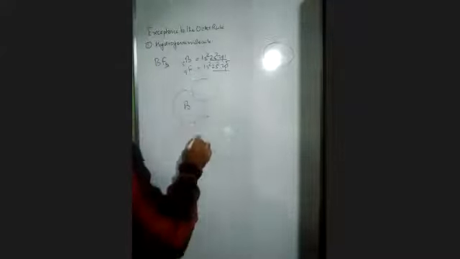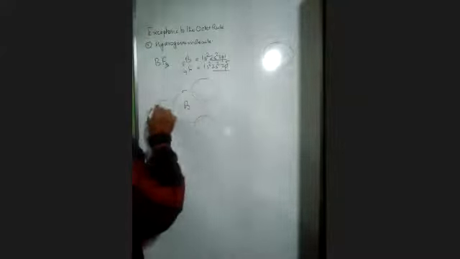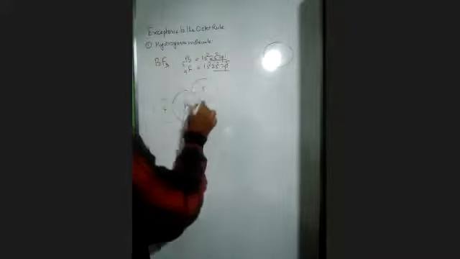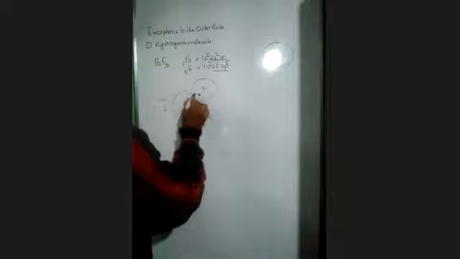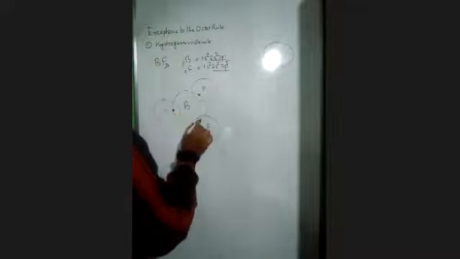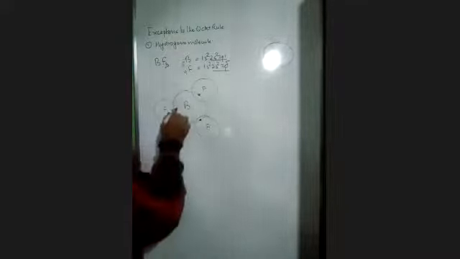Boron has 3 electrons, so it is given to each of the fluorines. Fluorine has 7 electrons.